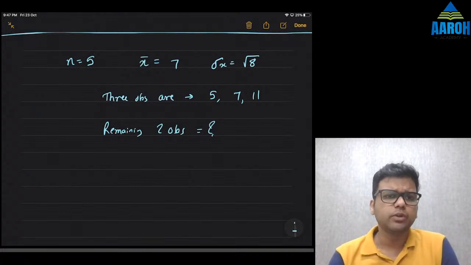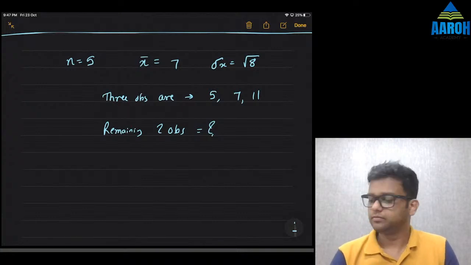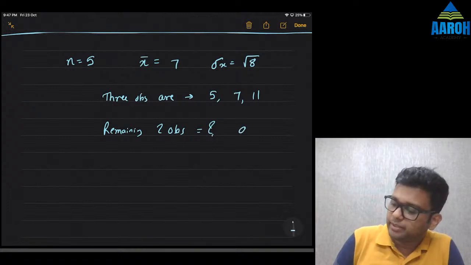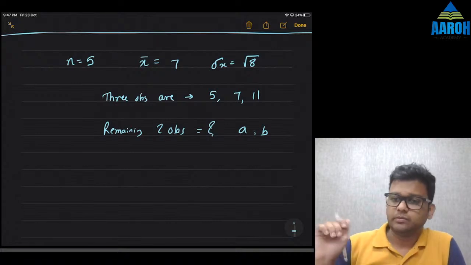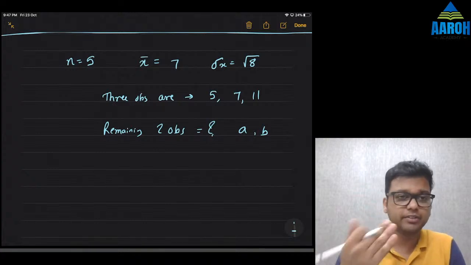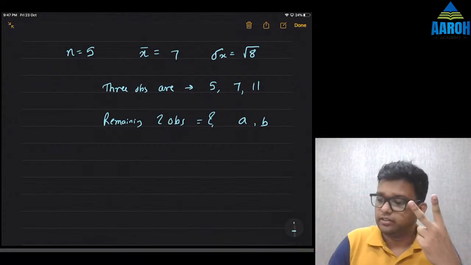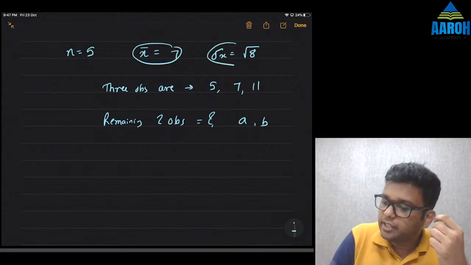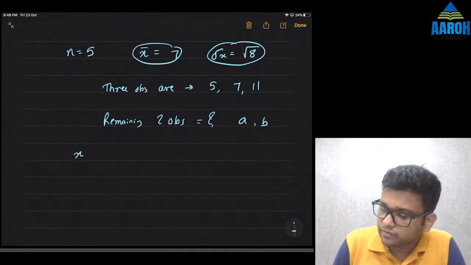Can you try to find the remaining 2 observations? Maybe assume them as a and b and try. Those who know, or those who want to try it by yourself, otherwise concentrate here. They have given us 2 data, x bar and sigma x. So we'll use both of them. Let's start with x bar.